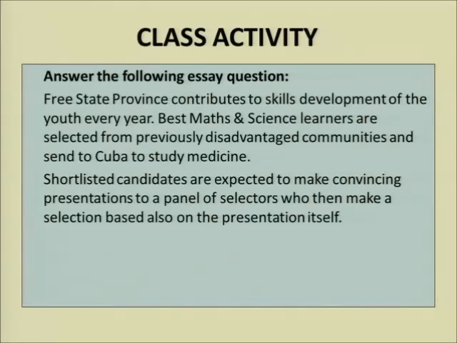Best maths and science learners are selected from previously disadvantaged communities and sent to Cuba to study medicine. Shortlisted candidates are expected to make convincing presentations to a panel of selectors who then make a selection based also on the presentation itself. This is a case study, this is background information, and I'm sure you can relate with this kind of information.